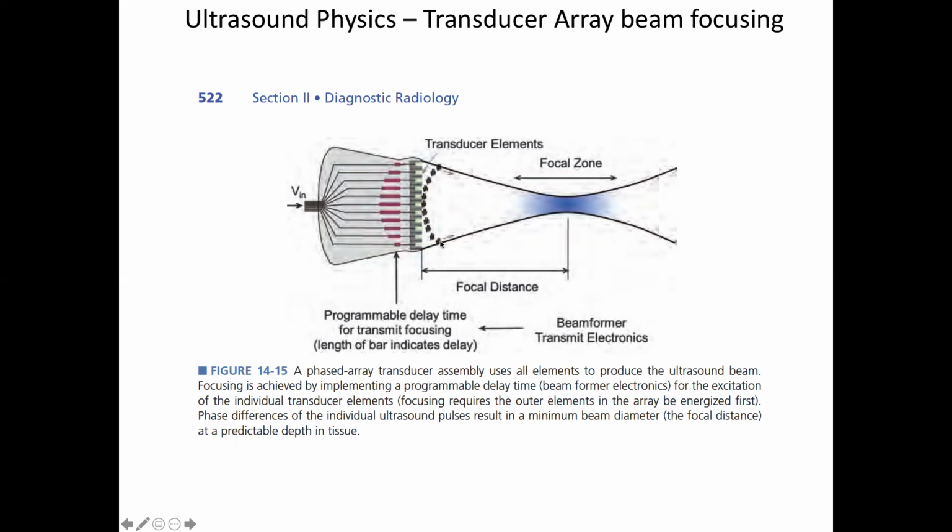And you can create essentially, just like if you're dropping pebbles in a pond, waves that would meet at a certain place, at a certain depth or distance away, and that would be your focal point of the highest pressure that you see in there. This programming obviously is done digitally now. You can do it very precisely. You can set this focal distance by changing the phase to a certain extent.